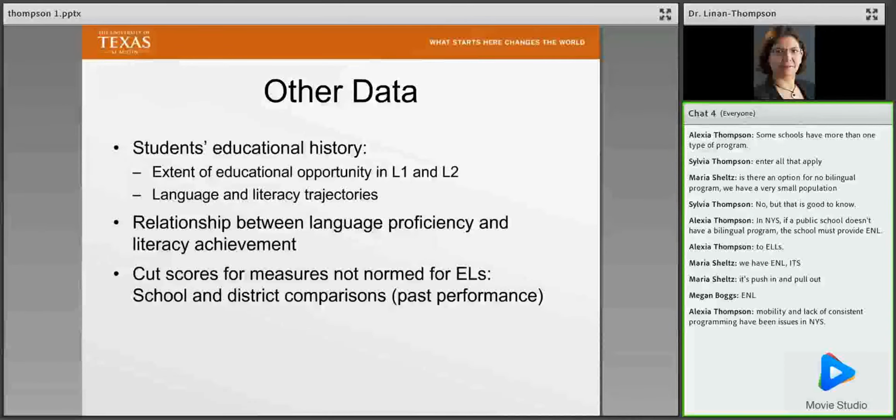Then cut scores for measures not normed for ELLs. One of the things that the districts we've been working with are doing is using school and district comparisons of past performance to say, okay, what do the kids who have this kind of trajectory end up doing? So for our district, for our population, this is the kind of growth that leads to success.